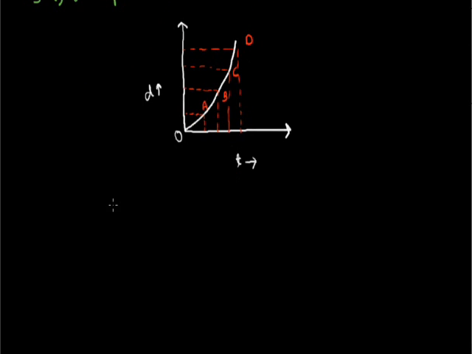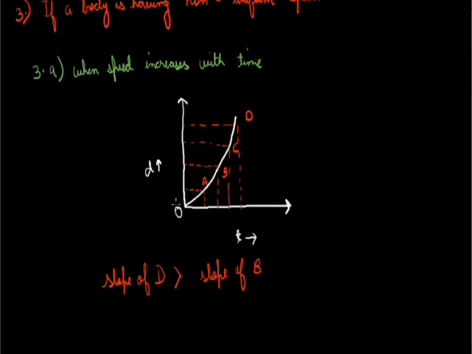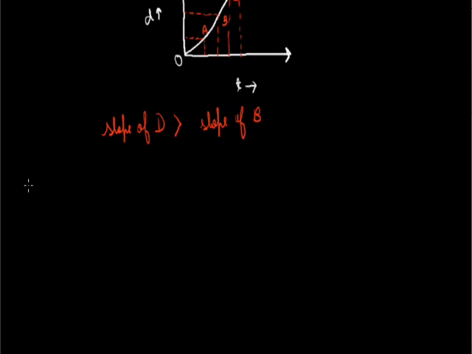If we calculate the slope of the line at point D and the slope at point B, as the speed is increasing, we will get that the slope of D is greater than the slope of B. In this case we see that the speed is increasing with time.